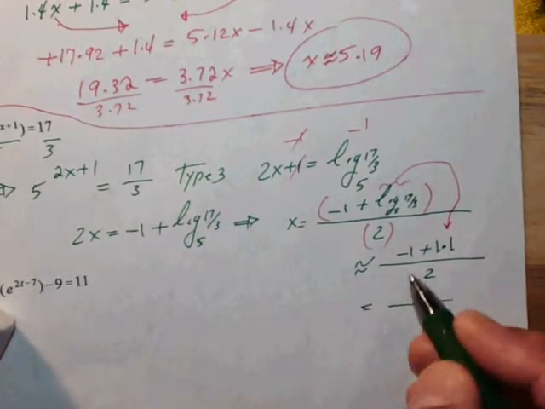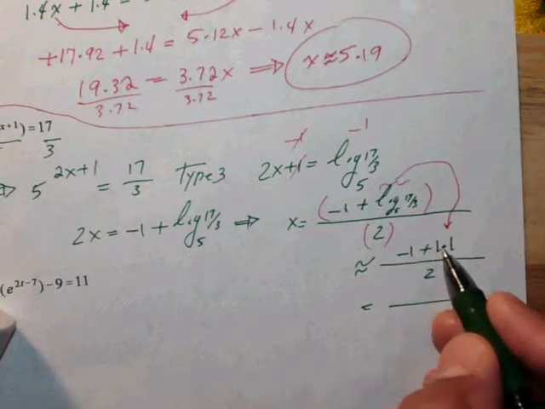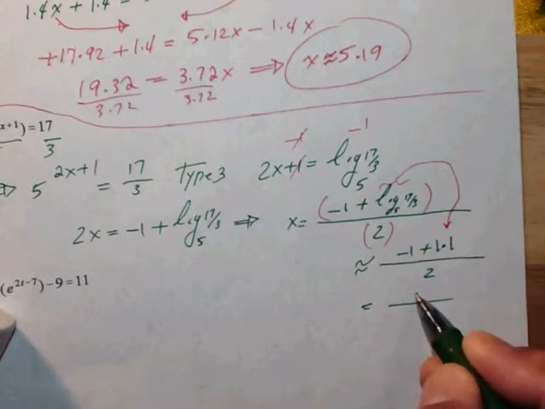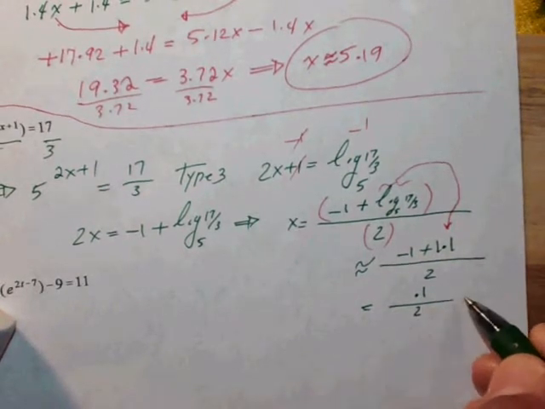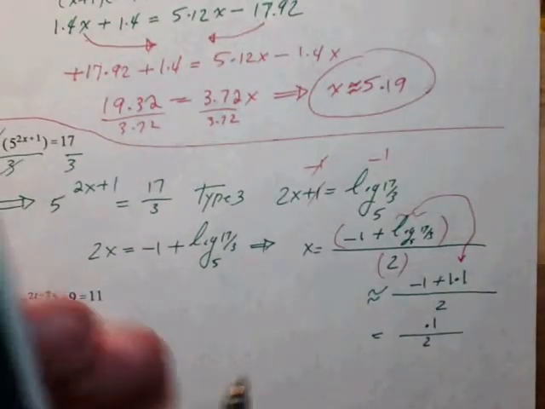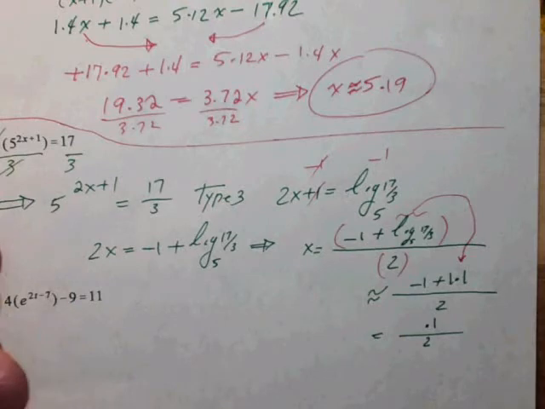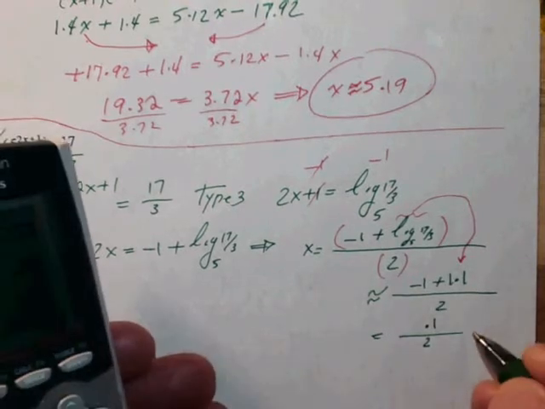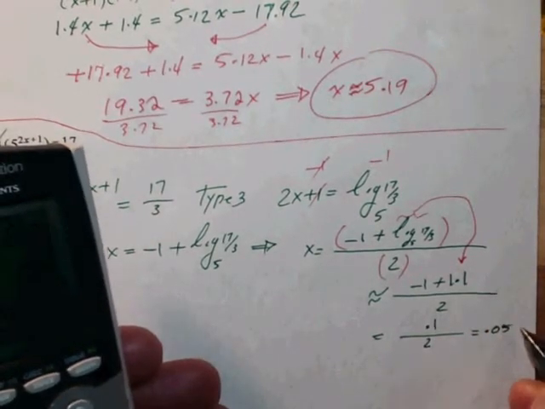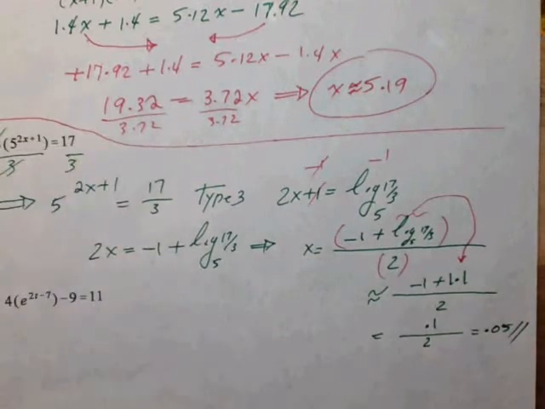So this is going to be minus 1 plus 1.1. You just get 0.1 divided by 2. And if you want to see exactly how much that is, 0.1 divided by 2, you get 0.05. Okay, and that's how you do this.